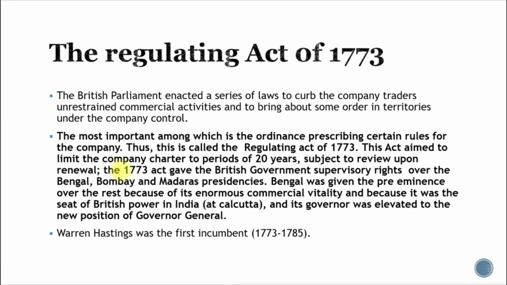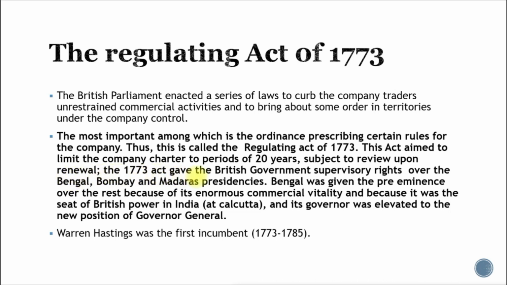There are many ordinances in the Regulating Act of 1773, and one of the most important is prescribing certain rules for the company, and thus this is called the Regulating Act of 1773. This act aimed to limit the company charter to a period of 20 years subject to review upon renewal.